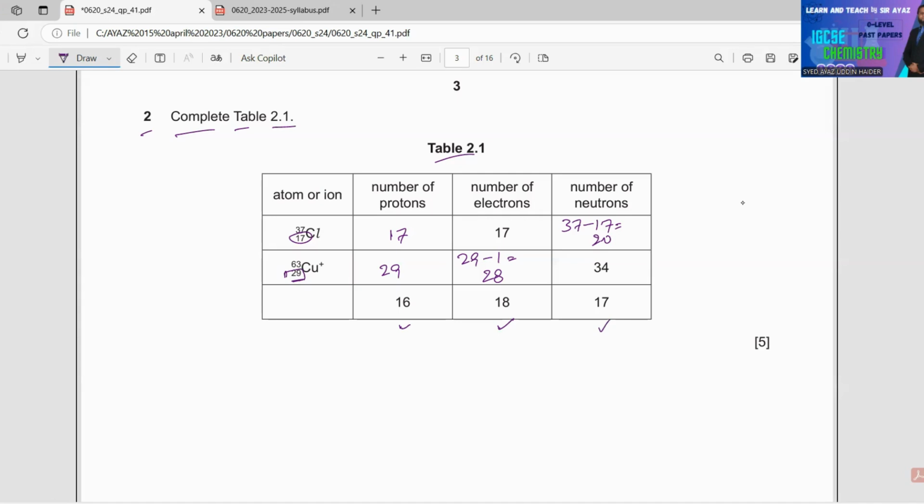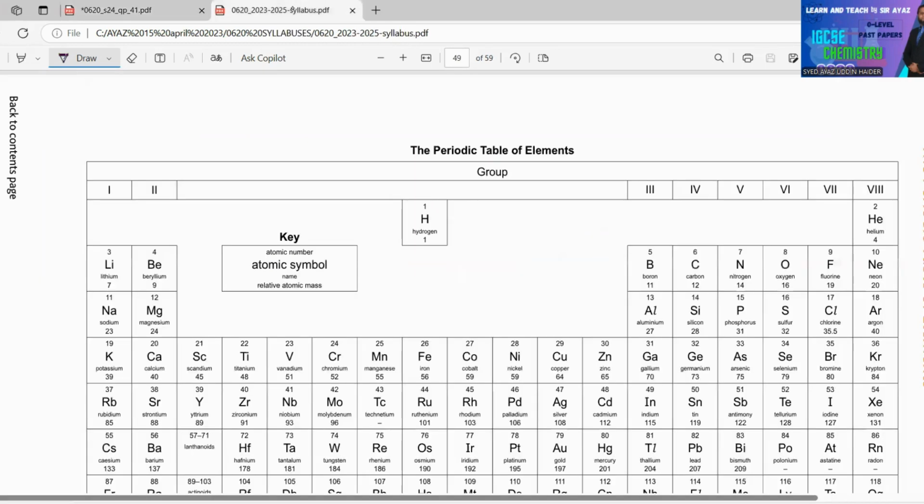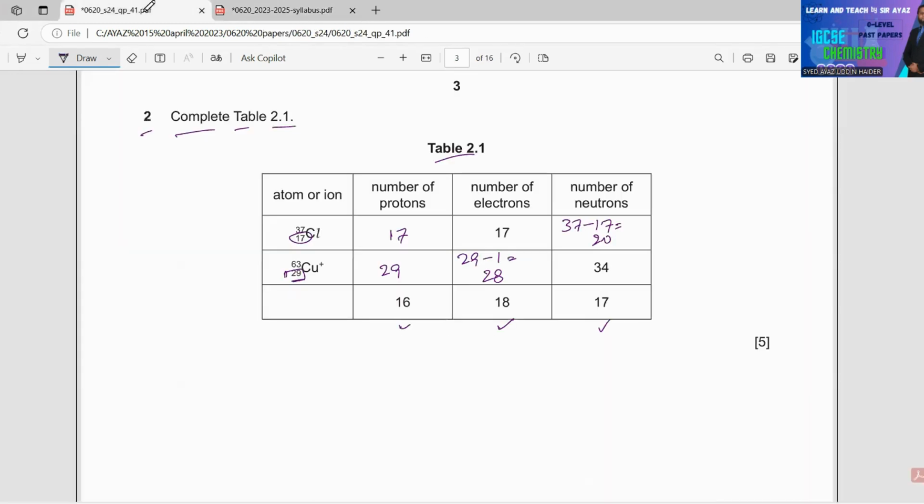So let's find out the element with 16 as proton. Must be sulfur. See, 16 is the number of protons in sulfur. So you write S here, and I'm going to write 16. What about nucleon number? In order to find the nucleon number, you have to add number of protons and number of neutrons. 16 plus 17, so it will become 33.